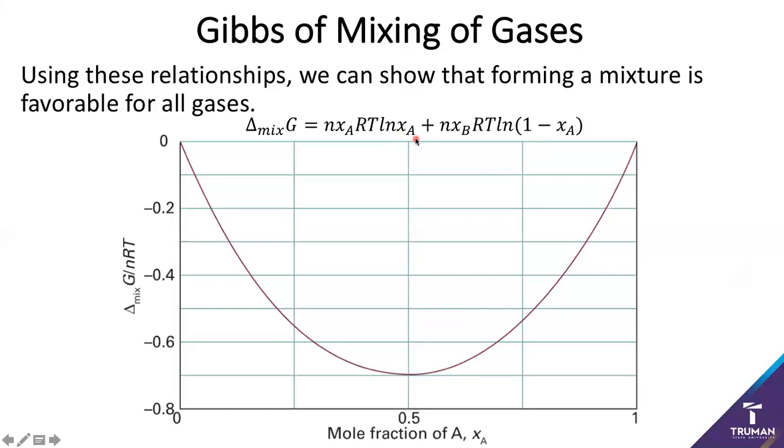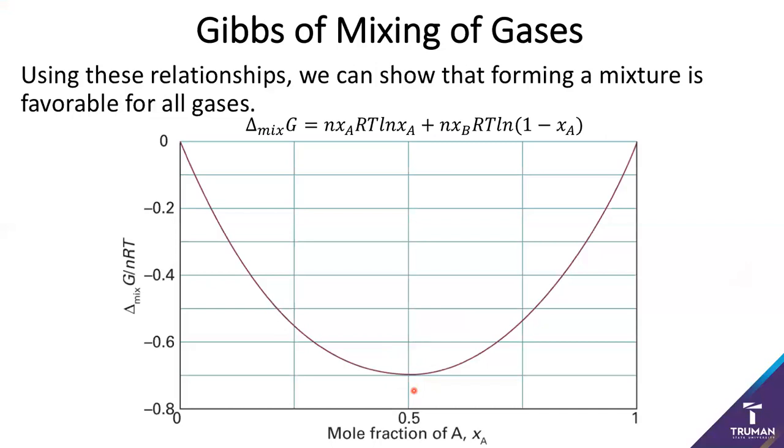And this is more or less going to happen when I get a natural log of 0.5 and 0.5. So it turns out that the most favorable free energy of mixing always happens with a 50% mixture of both species. This means that if I'm going to take a set of complexes and find the point at which they are considered the most favorably mixed, it's when they are literally a 50% mixture. 50% A, 50% B will always be the most favorable mixture combination when dealing with an ideal gas.